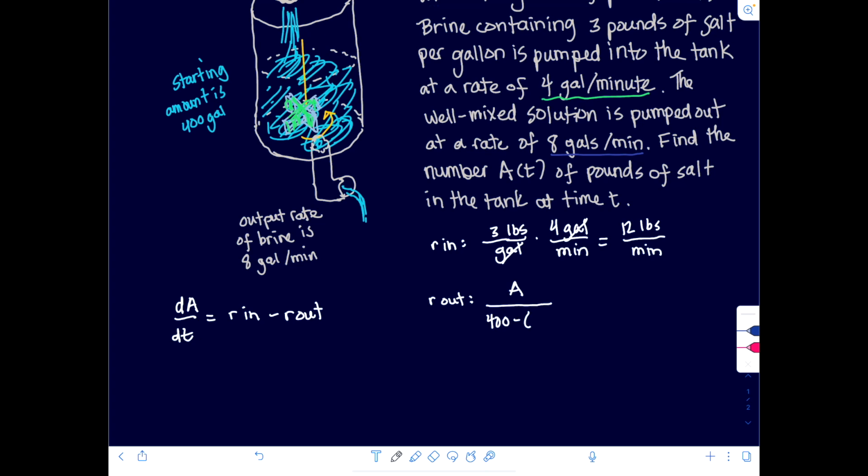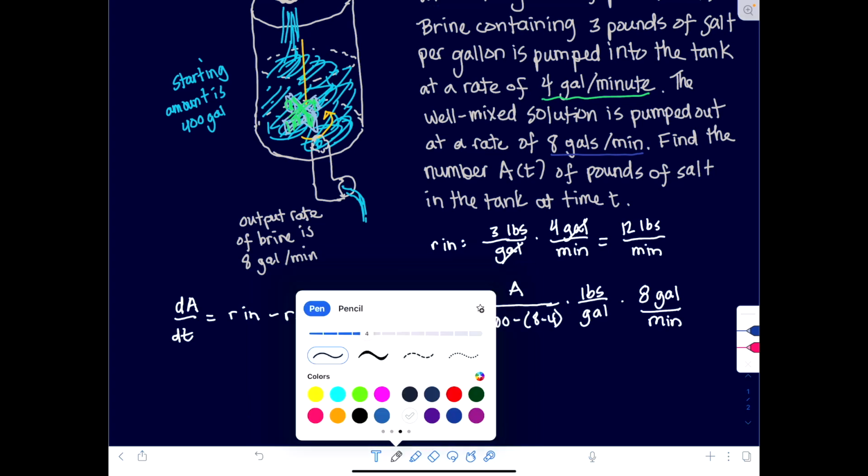And that's in gallons. And we've got to multiply that times the 8 gallons per minute. So this part right here is representing the net amount that's leaving.